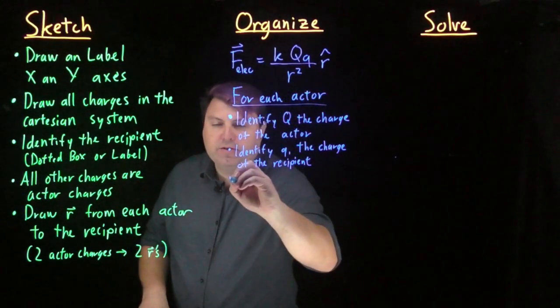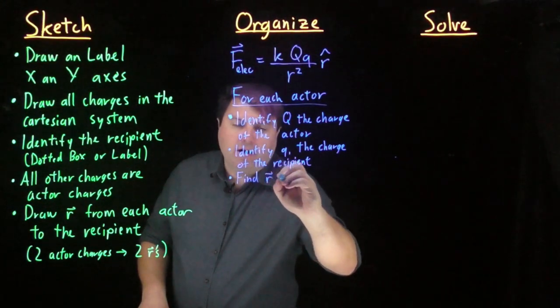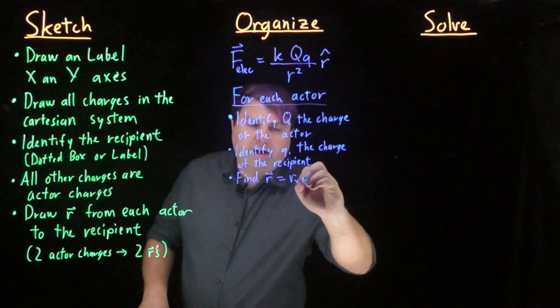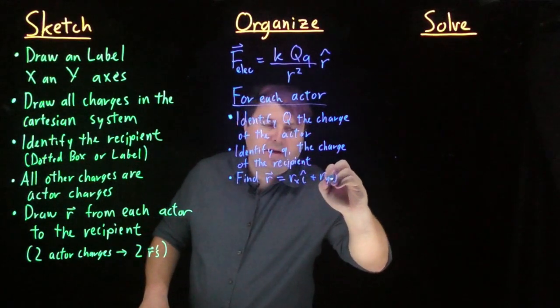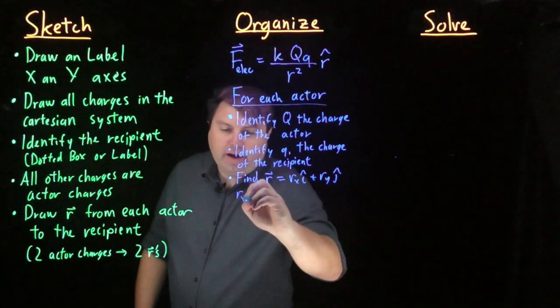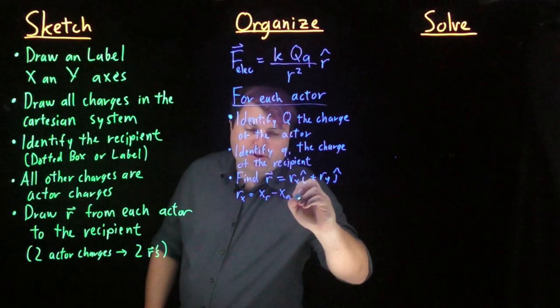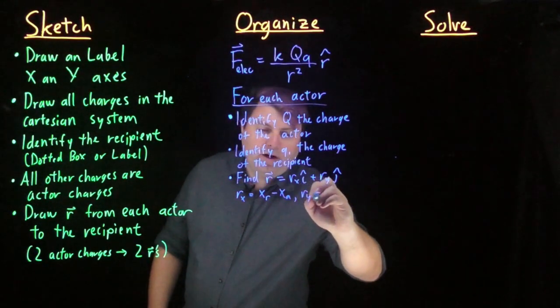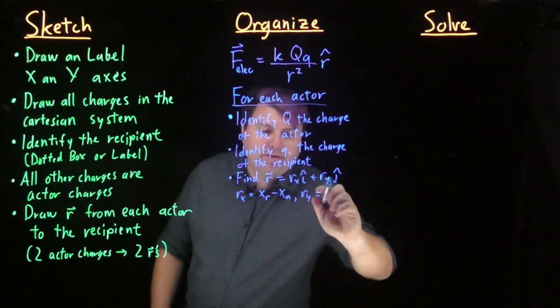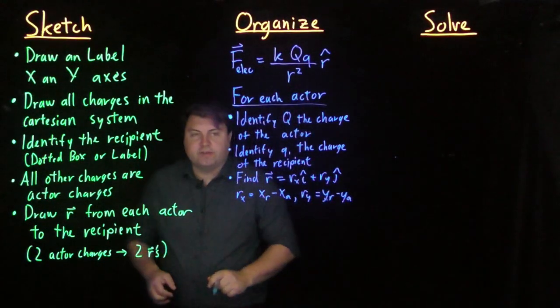And so what we want to do is find the r vector, which is equal to r_x i hat plus r_y j hat. And r_x is the position of our recipient minus the position of the actor. r_y is the position in the y of the recipient minus the position in the y of the actor.